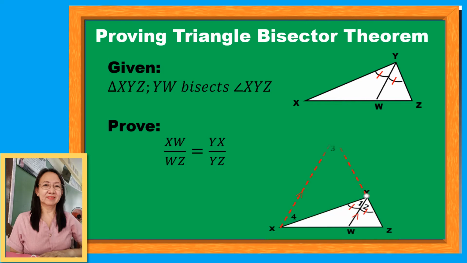From the original figure, let us extend YZ to the other side, and then let us also draw XV. So in the figure, we have angles 1, 2, 3, and 4. And observe the symbols. XV is parallel to WY.